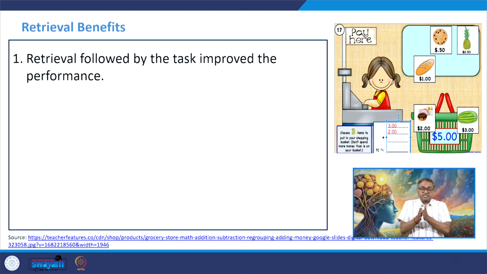However, when there is a delay, as you increase the delay in the retrieval after the task has been completed, the performance will get worse and worse.